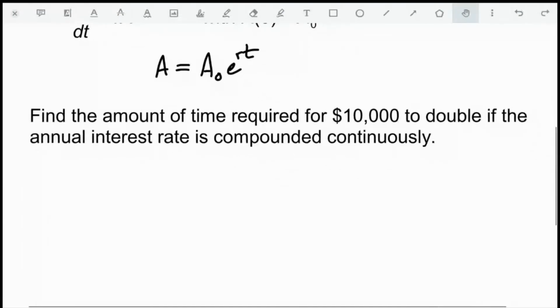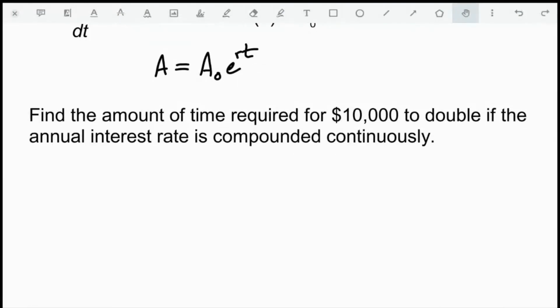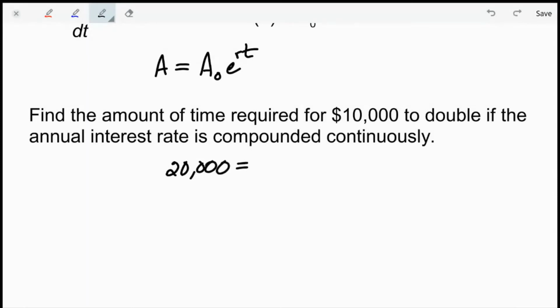So if you have a problem like this one, it says find the amount of time required for $10,000 to double if the annual interest rate is compounded continuously. All you have to do is plug into that equation. We don't even have to figure out the equation. We already know what it is. So you'd have 20,000 equal to, we started with 10,000, e to the, let's see, they didn't give us a rate here.